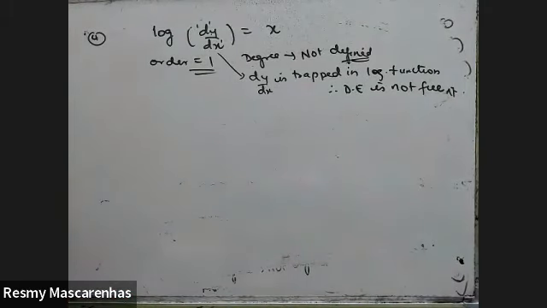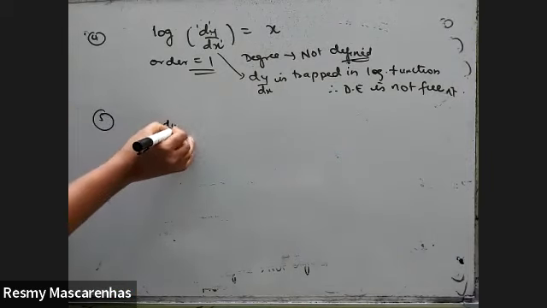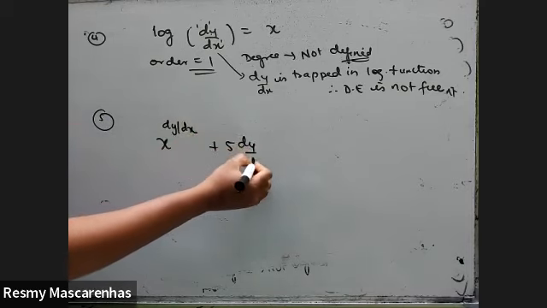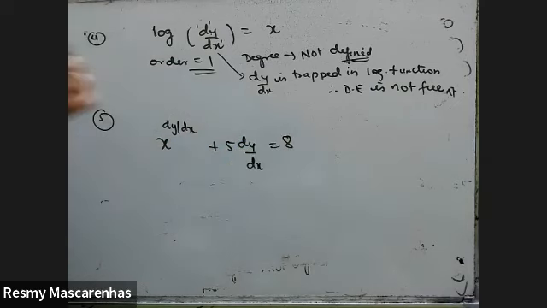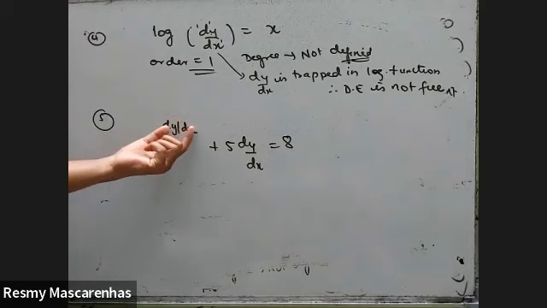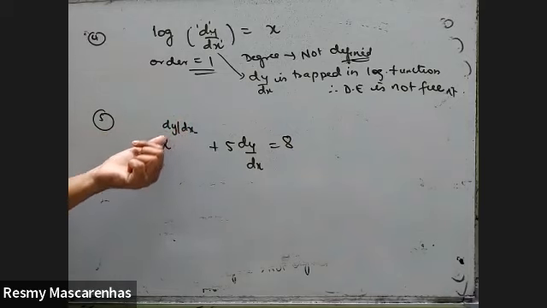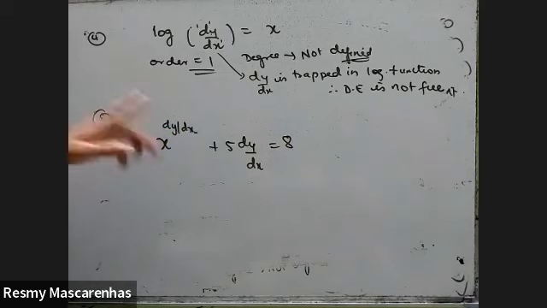Next one. Again, dy by dx is raised to some power. There should not be any like this type also.